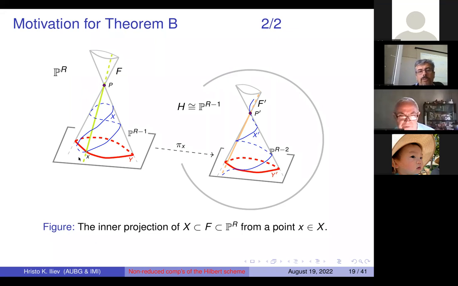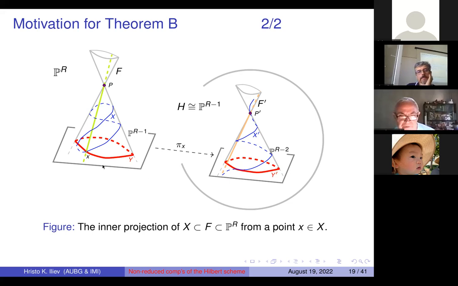But all the other points can also be mapped in such a way that one gets to see that the image of this cone F is in fact another cone that I have here, F prime, for example.